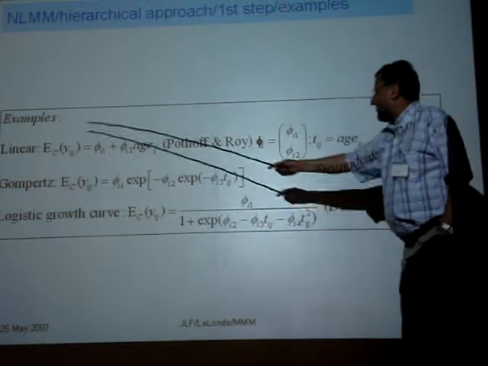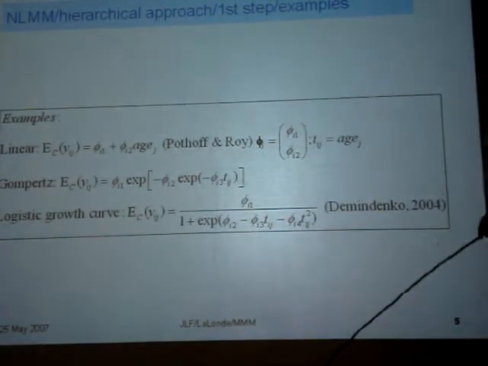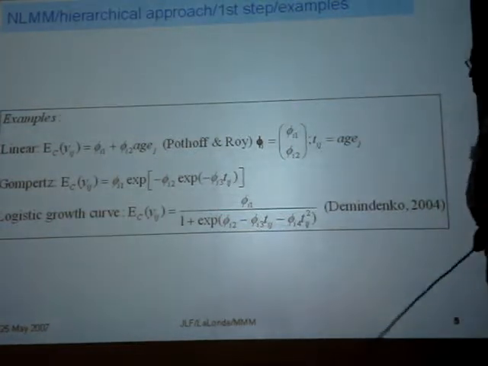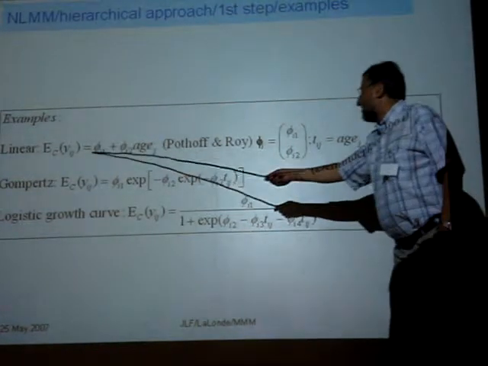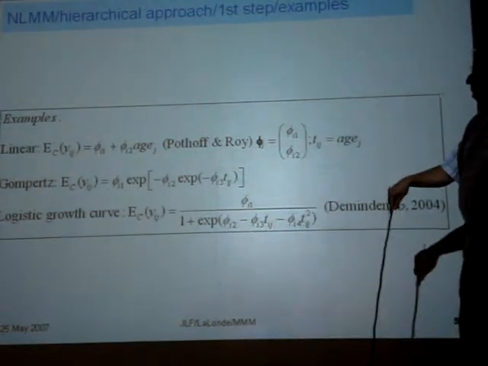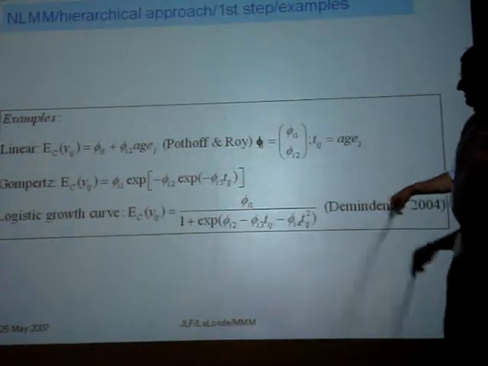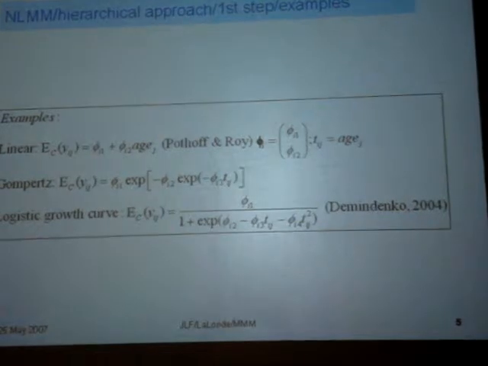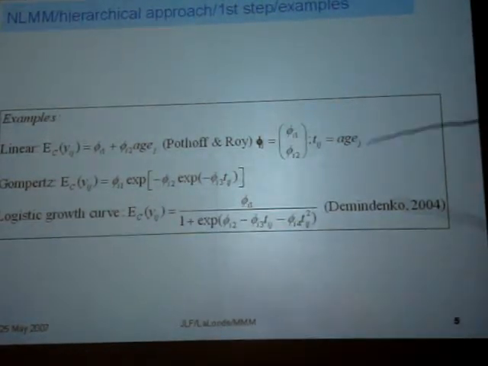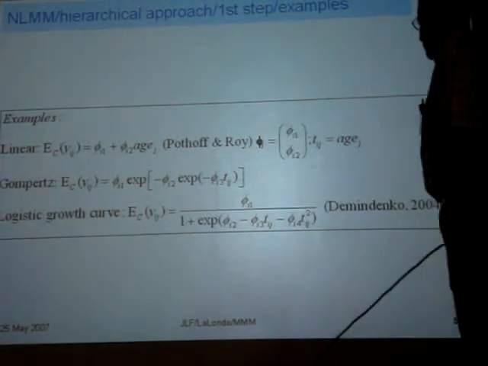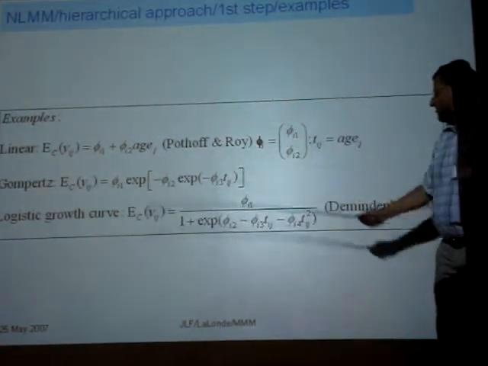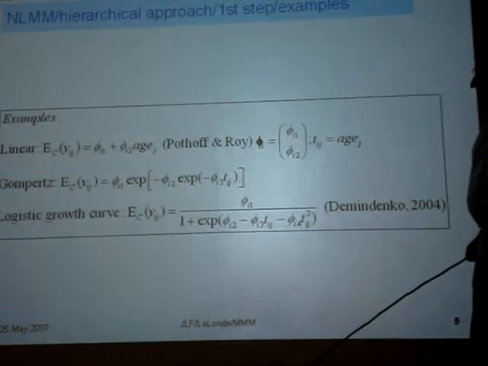We can write that the conditional expectation of the yij equals phi_i1 plus phi_i2 times tij. Phi_i1 is the so-called intercept, and phi_i2 is the slope. tij is the age.